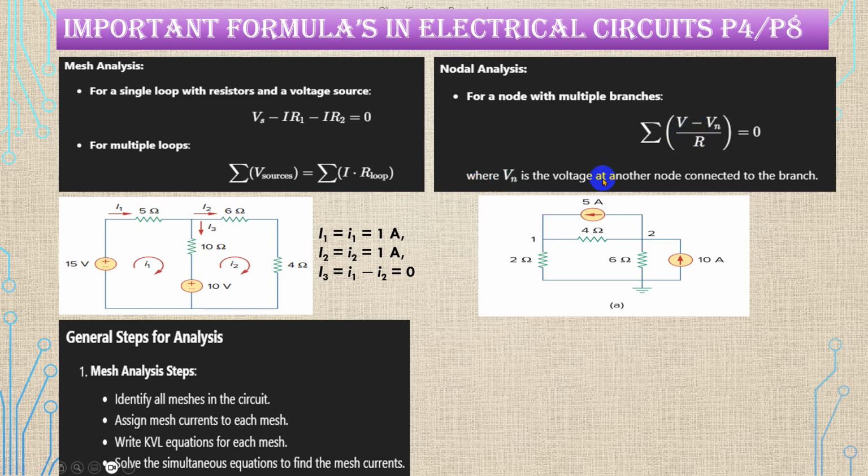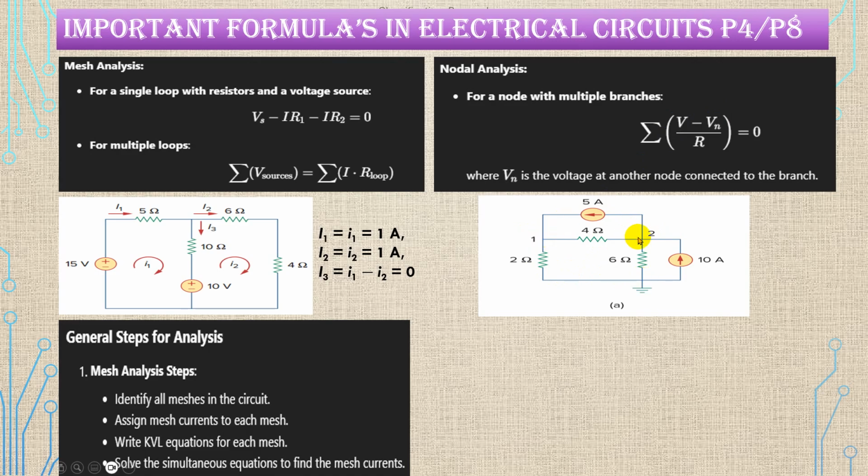Vn is the voltage at another node connected to the branch. If we are considering V as the first node, then V minus V2 means V minus Vn, where V2 is the other node. And for this 2 ohm resistance, it is V minus 0, as this is ground, 0.